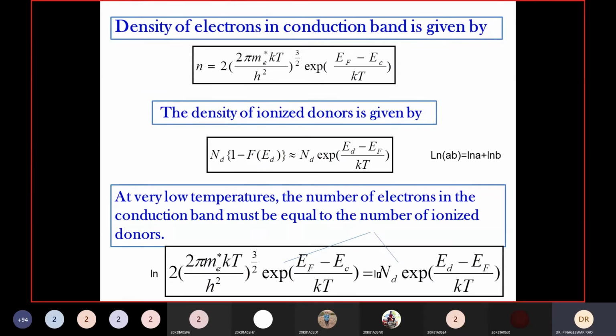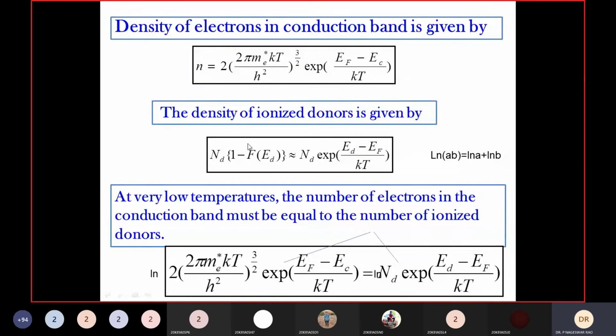Whatever electrons escape from the donor level go to the conduction band. So 1 minus f of Ed is the probability of finding the electrons in the conduction band.